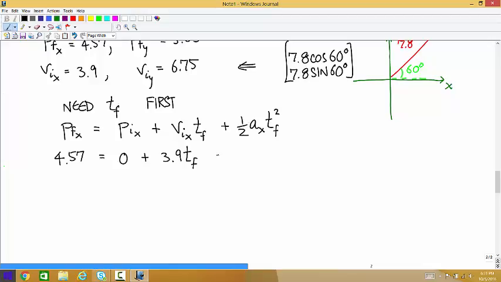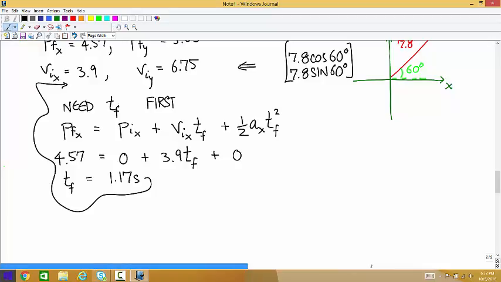AX is 0, so this term is 0. And so TF is just equal to 4.57 divided by 3.9. So what do you get for that? 1.17 seconds.